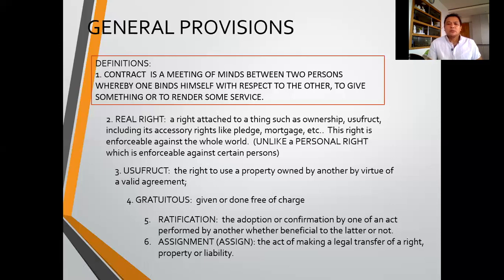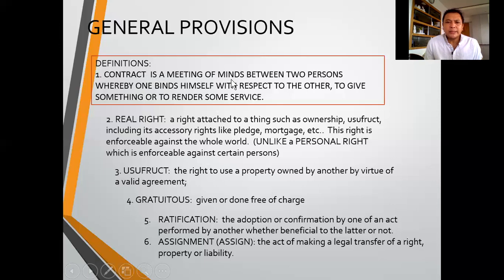Or it could be a right, or it could be a liability. So if I have a debt, I owe someone and I'm going to pass it to you, the term is assignment. Okay? So let's go back to contracts.